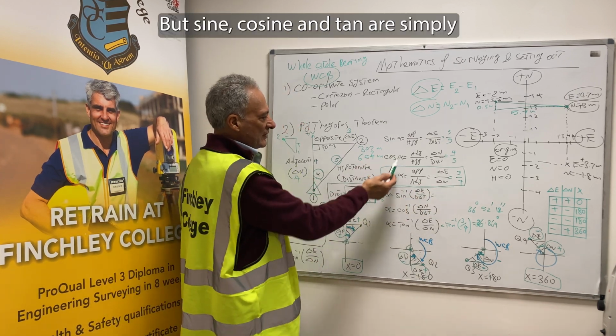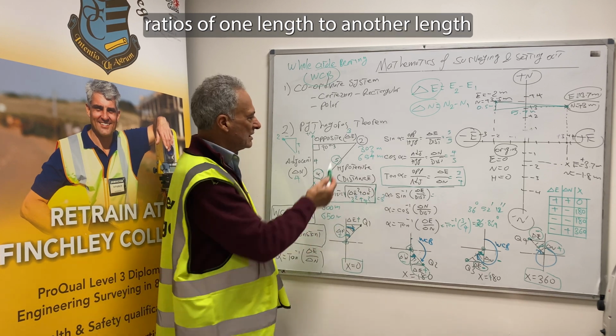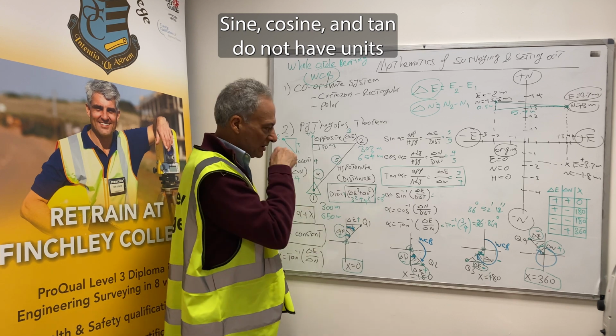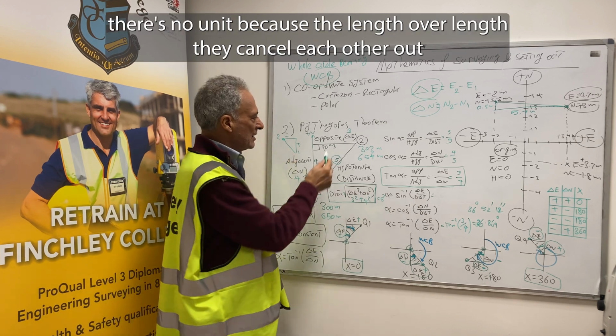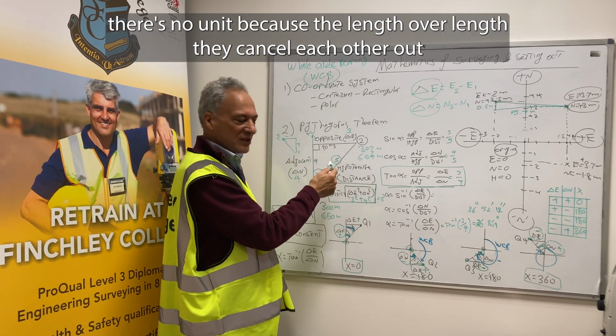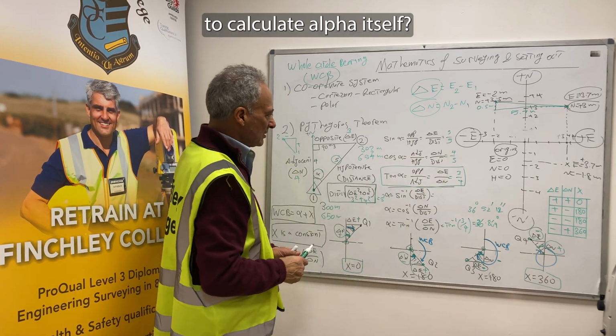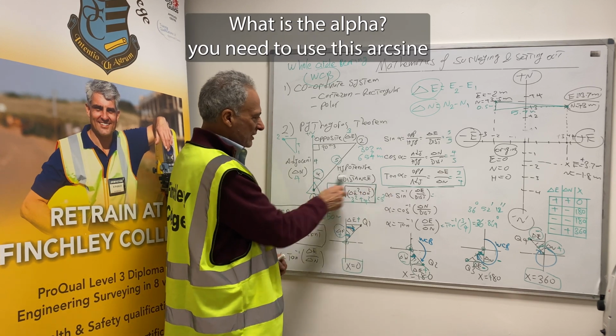But sine, cos, and tan are simply ratios of one length to another length. Sine, cos, and tan do not have units. There is no unit because length over length, they cancel each other out. 3 over 5 is unitless. Now to calculate the alpha itself, what is the alpha?